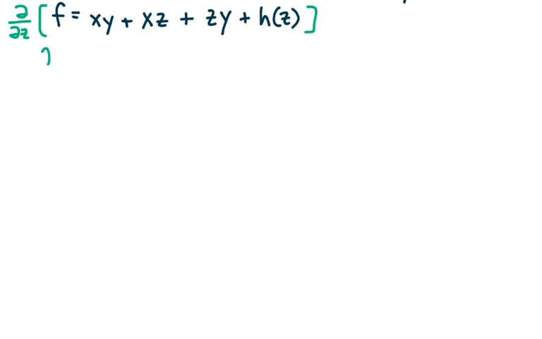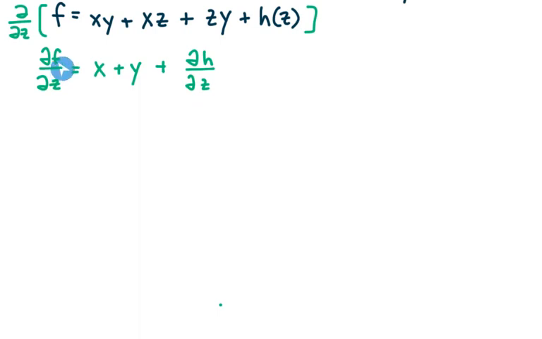So I now have df dz equals, well, there's no z here, so that's a 0. Differentiating this term here, x is a coefficient, so I have x. Differentiating this next term, y is a coefficient, so I've got y plus h prime of z, or rather partial h, partial z.